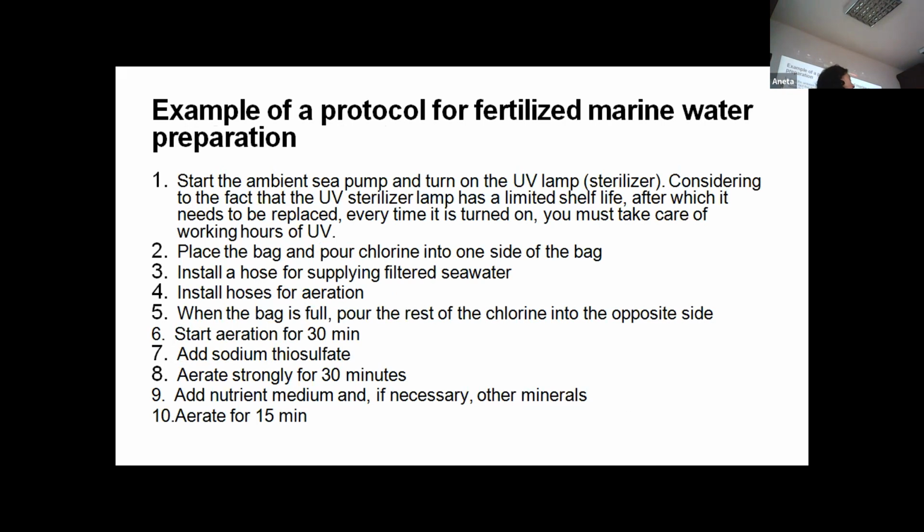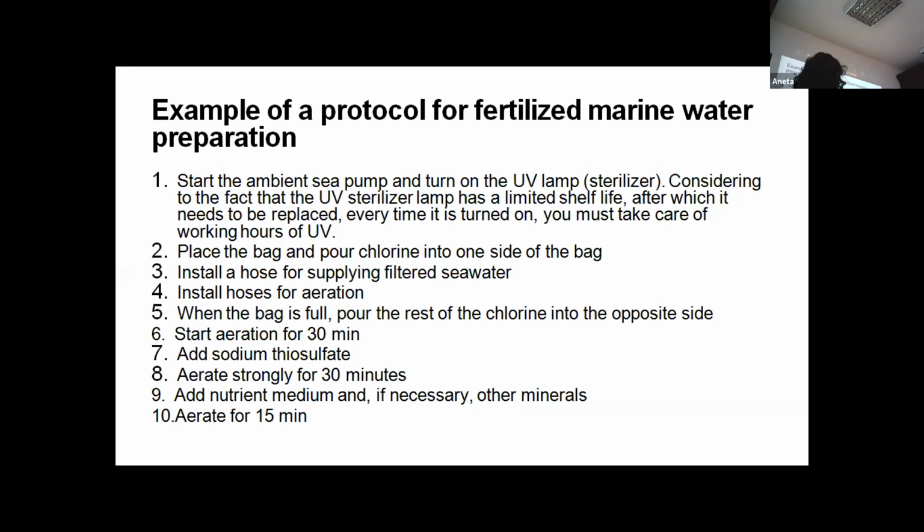So also, what do you need to know? Every person that works with algae, okay, well, if we are working with sterilization with UV, then we need to know that UV has some limited hours of work, and we have to record how many hours this one worked.